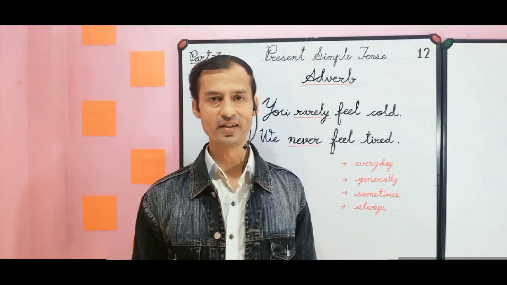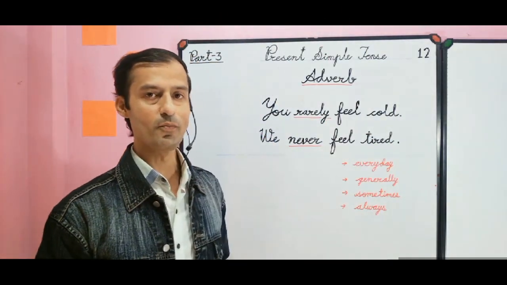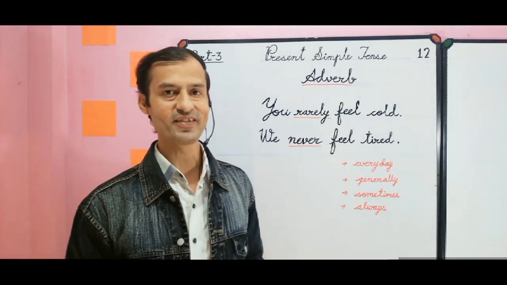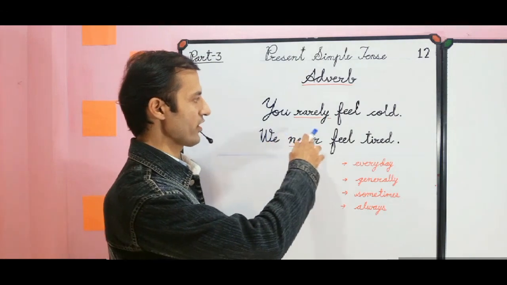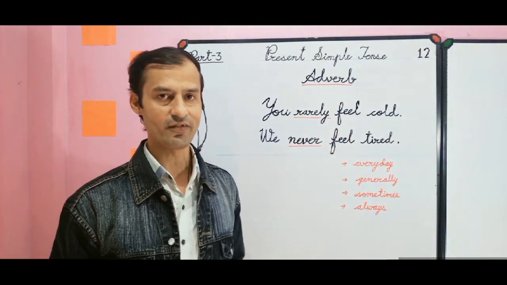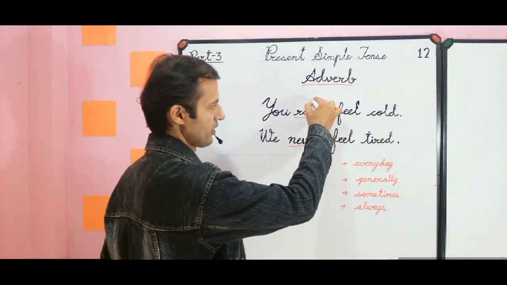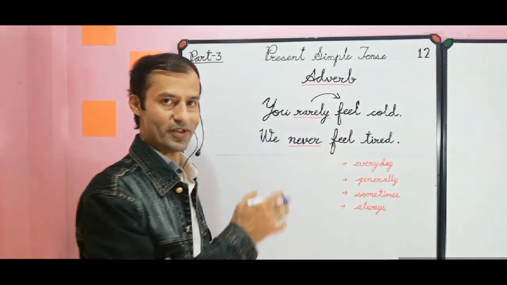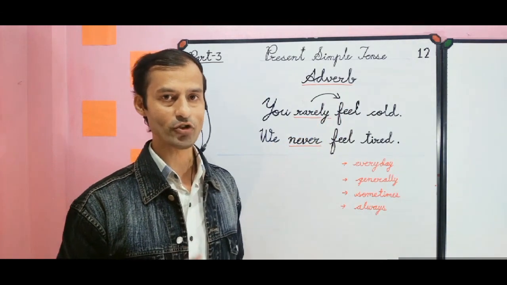And this is the adverb. Remember that the adverb is the most important part in the present simple tense. Here we see the first sentence: you rarely feel cold. In this sentence, rarely is an adverb. And remember that an adverb qualifies the verb and adds more information about the verb, because it shows the timeline, the time situation.